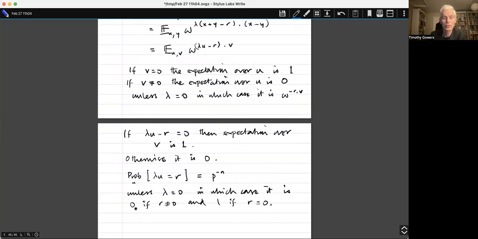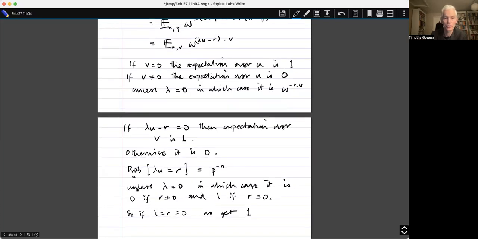So if lambda equals r equals naught, we get 1, and otherwise at most p to the minus n.